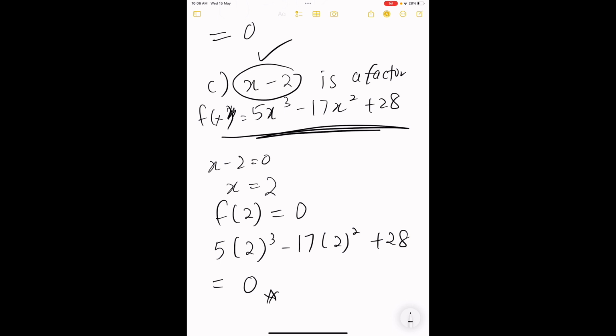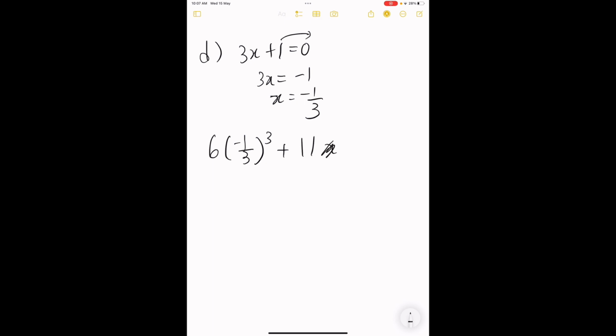And then D, the last one: 3x plus 1 is 0. So bring 1 to the right, minus 1, so your x is minus 1 over 3. Then you put it inside the function.